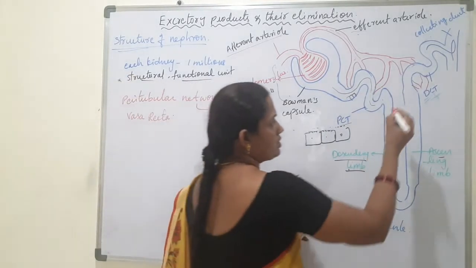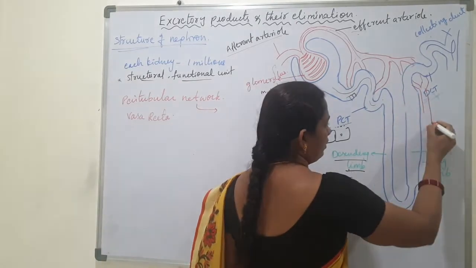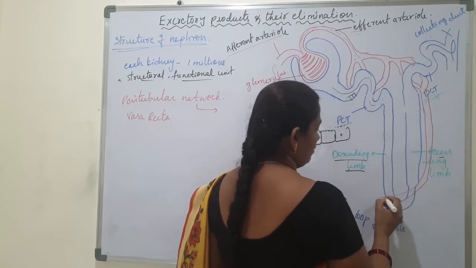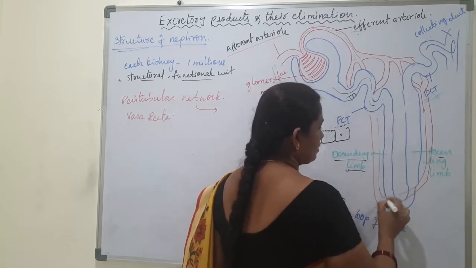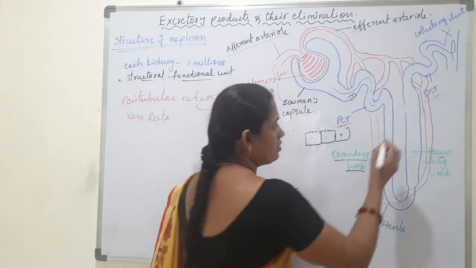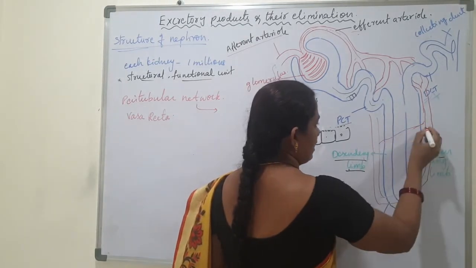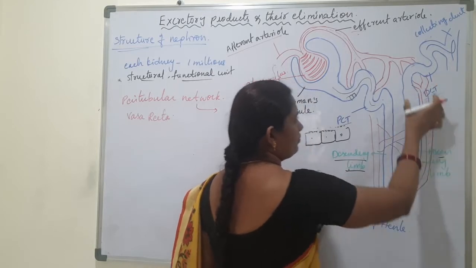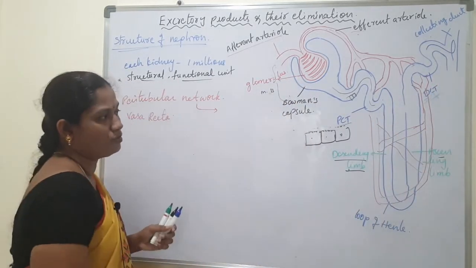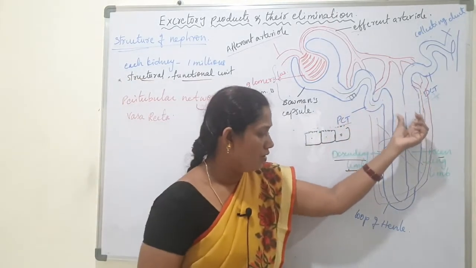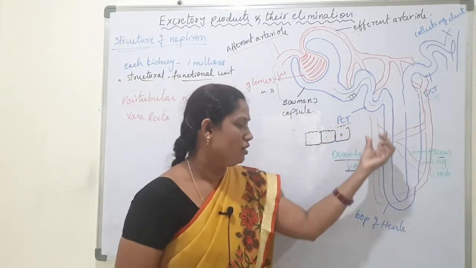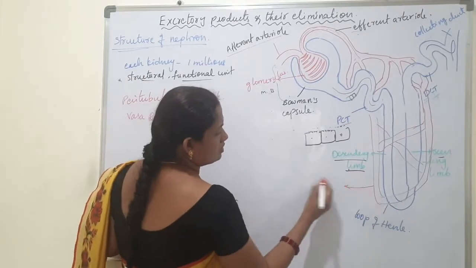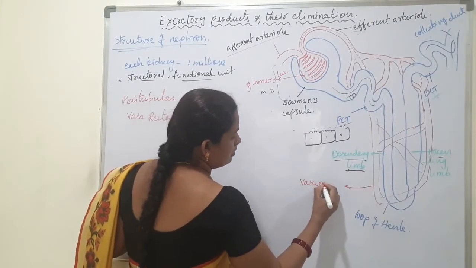From this network, some tubes run along the loop of Henle and have junctions like this. These tubes arranged along the loop of Henle are called vasa recta.